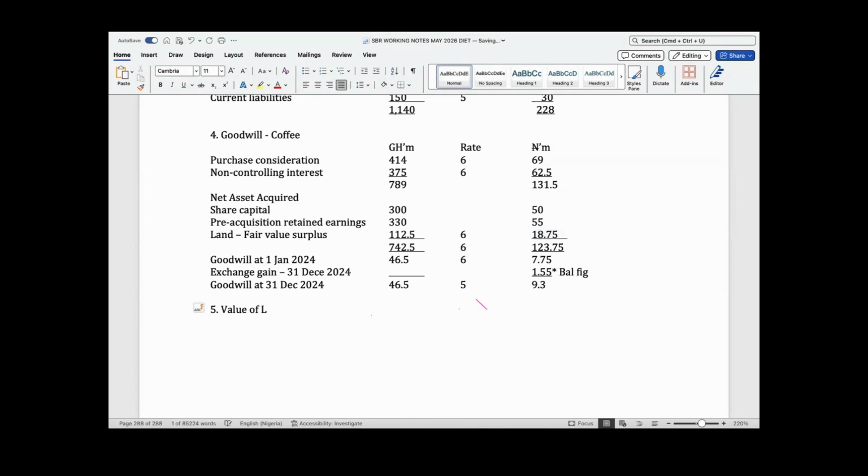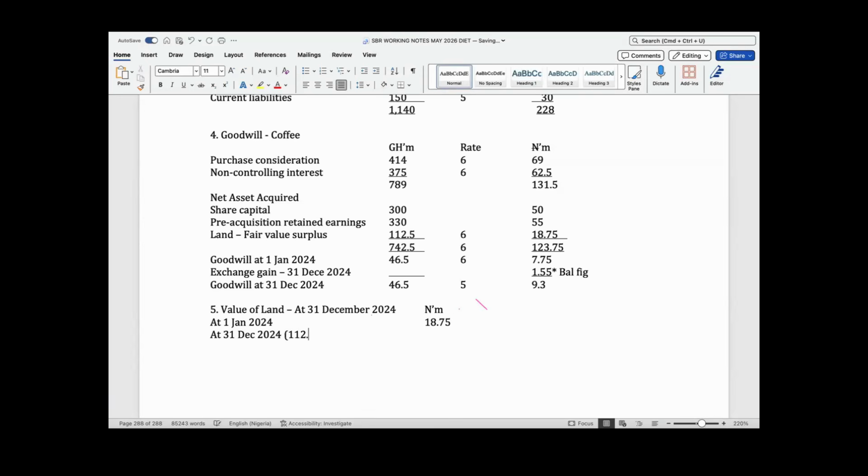So the value of that land at 31st December 2024 would go up, because at the date of acquisition, as calculated up there, it was 18.75 million. But at 31st December 2024, it won't be that anymore.